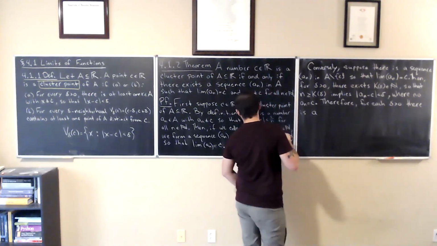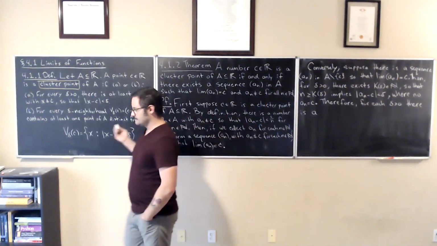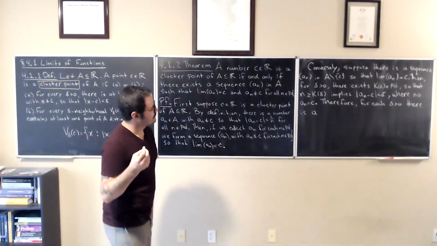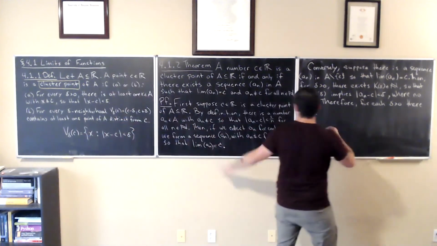What's the best way to word it? Because C is always in the delta neighborhood. So we could say, yeah, there is a neighborhood, and I'll just say the definition.